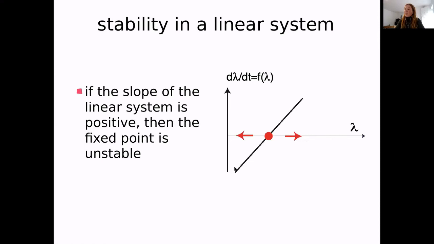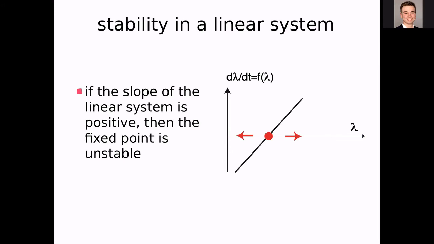If you are on the other side, then you have a negative rate of change, so your state is also going away from your fixed point. However, if you're exactly in this middle point, your time derivative still is zero, and you would be fixed. So it's still a fixed point. If your state exactly sits in this fixed point, it's not going to change.